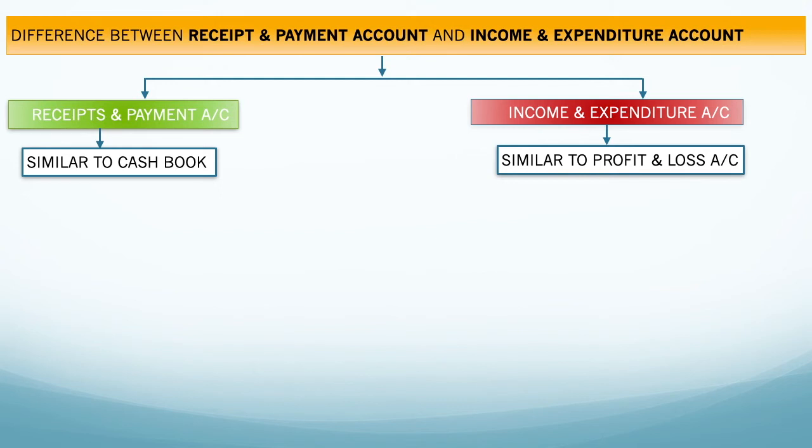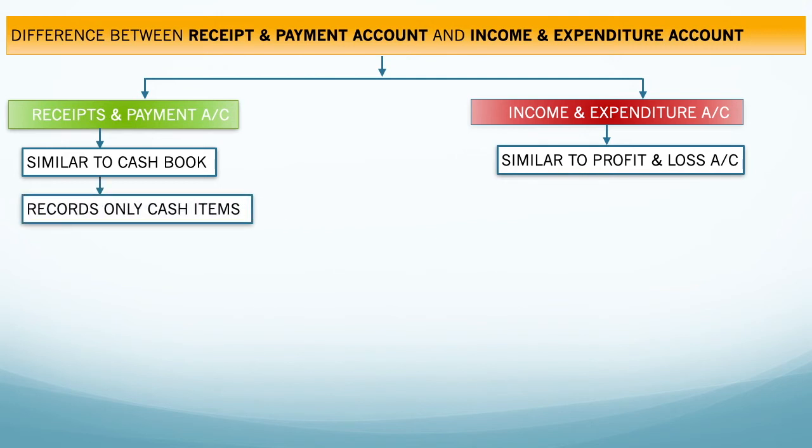And the income and expenditure account is similar to the profit and loss account, because as I said earlier, it is a nominal account, and the receipt and payment account is a real account. So the receipt and payment account follows the rule of debit what comes in, credit what goes out. And the income and expenditure account follows the rule of debit all expenses and losses, credit all incomes and gains.